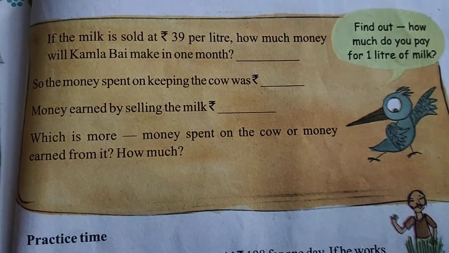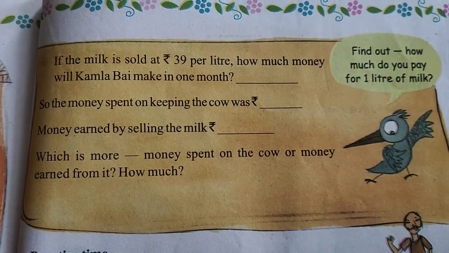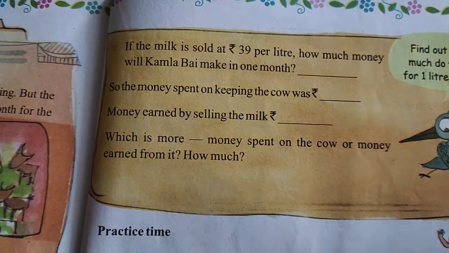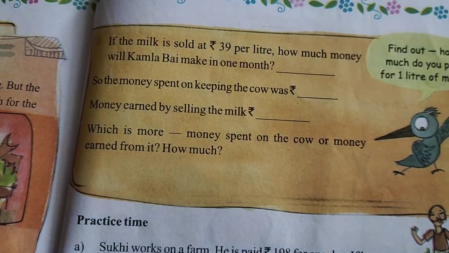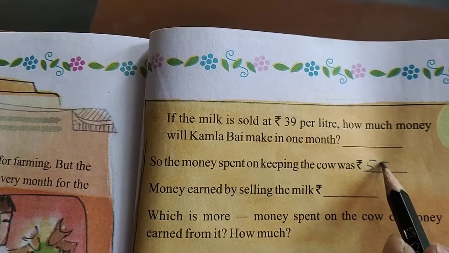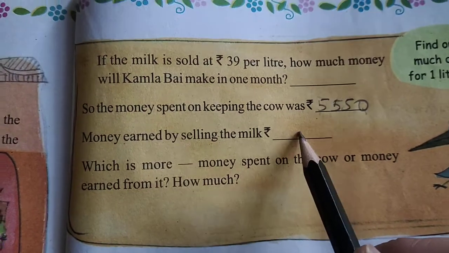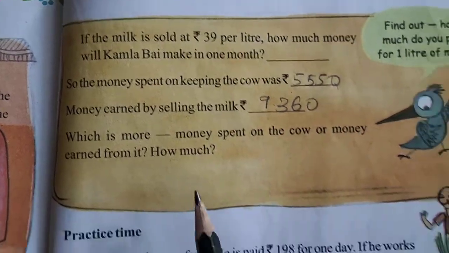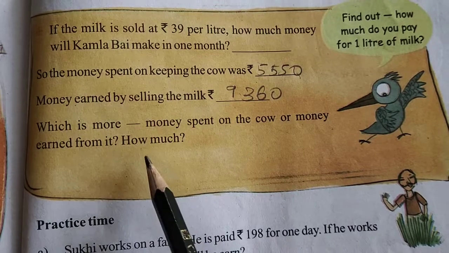Now the other question is: the money spent on keeping the cow was, how much did she spend on keeping the cow? The money spent for keeping the cow was 5,550. And the money earned by selling the milk was 9,360. Now, which is more, money spent on the cow or money earned from it?